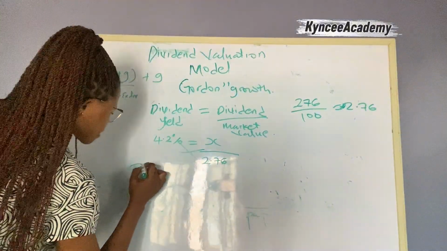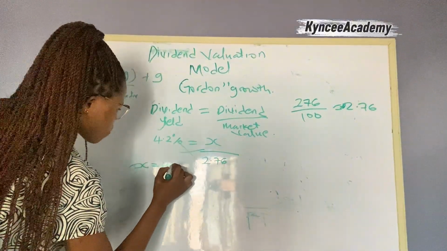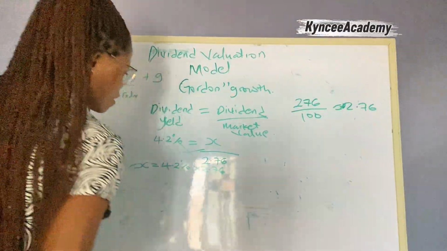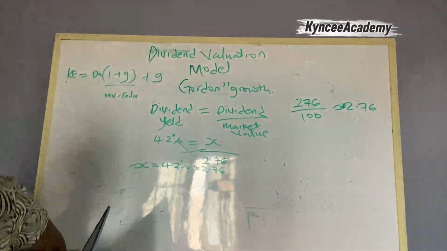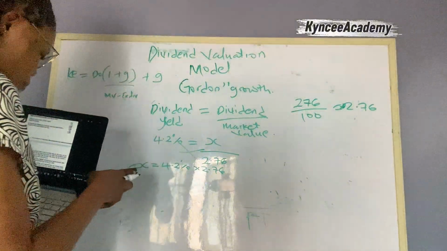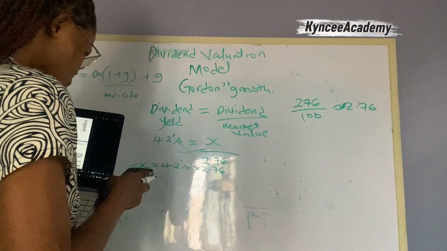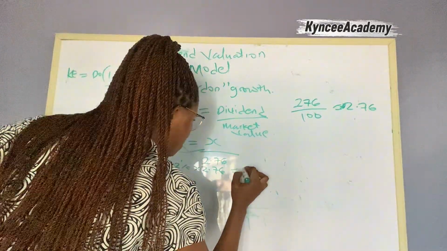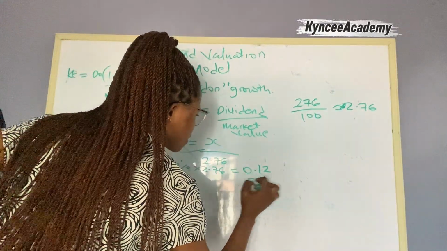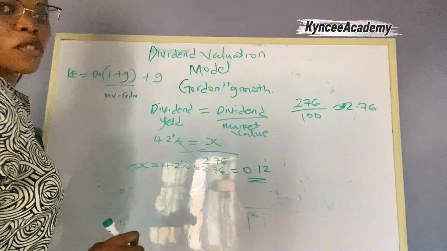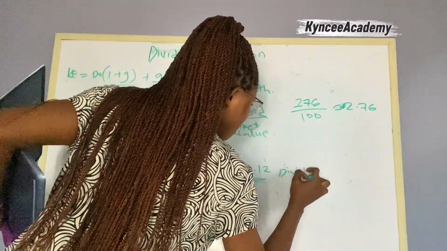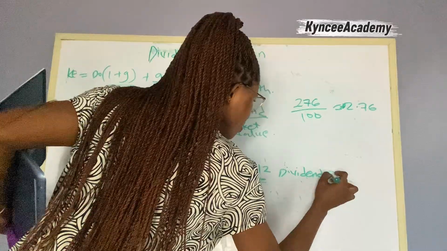We say x is equal to 4.2% times 2.76, which gives us 0.12. So this is the dividend per share.